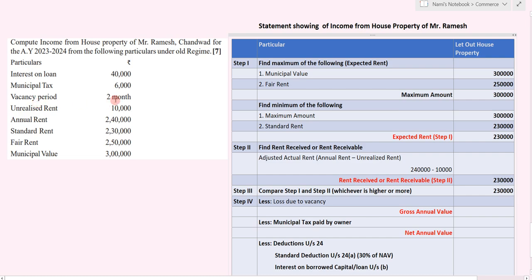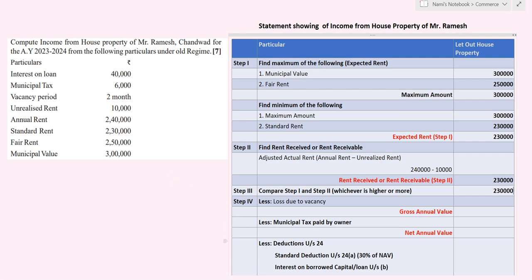That the house was vacant for 2 months. That means for those 2 months the rent was not received. So here we have to less from the 2,30,000. Now see, for 2 months the house was vacant. So what will be the loss for those 2 months?